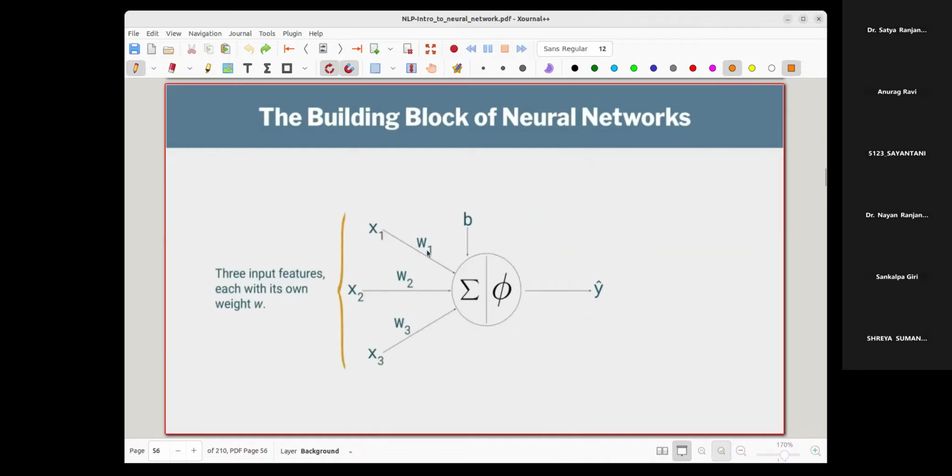These weights tell us how much importance each feature has in the output y. If the x1 feature is very important in calculating the output y cap, then we have to increase w1. If x3 is less important in calculating y cap, then w3 will become very low.